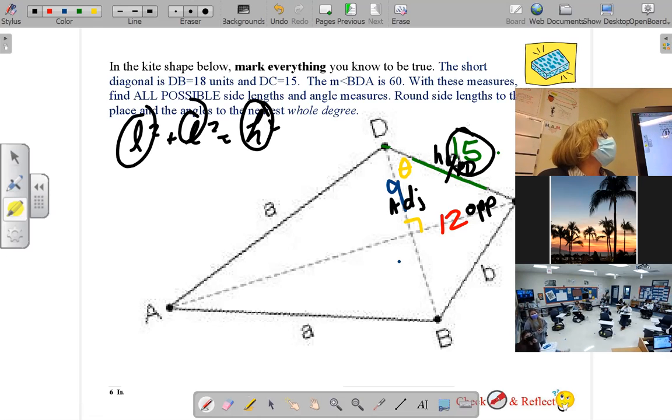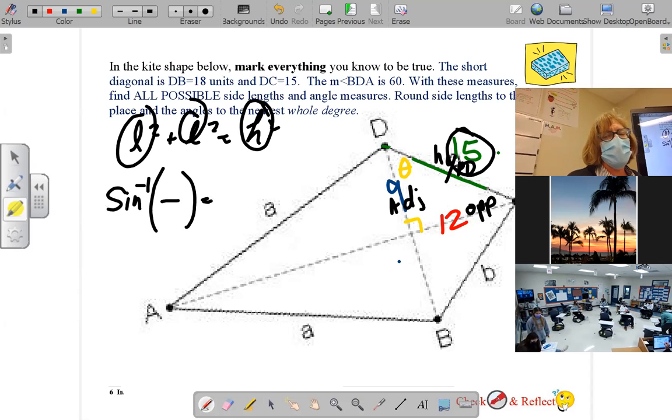Inverse sine, inverse cosine, or inverse tangent? Doesn't matter. Sine. So what numbers would that be for that angle? Inverse sine, parentheses, 12. Oh, glorious. You got it.